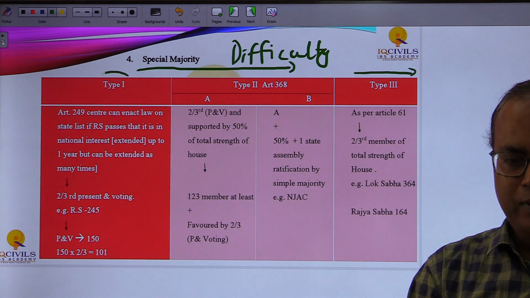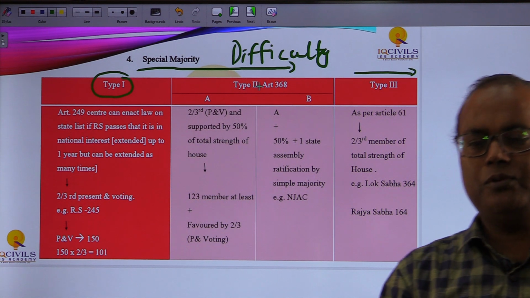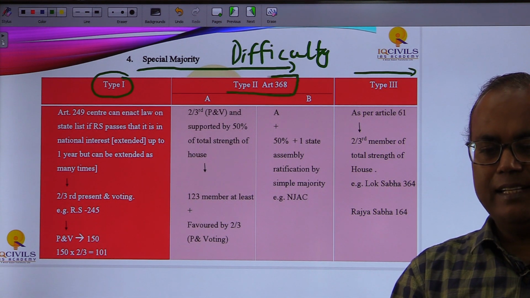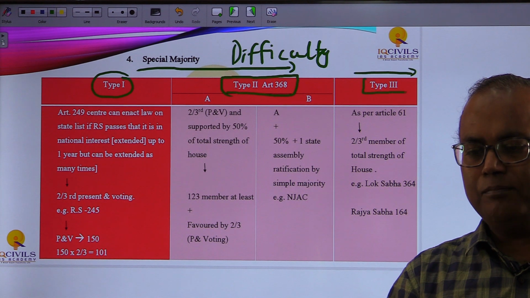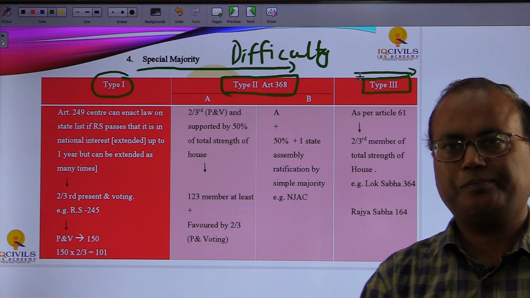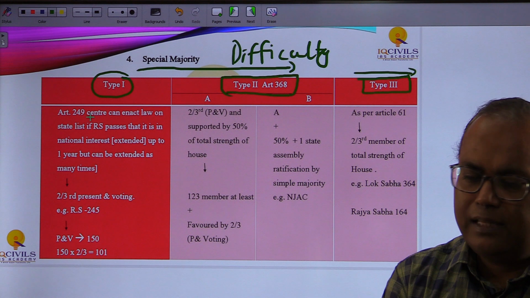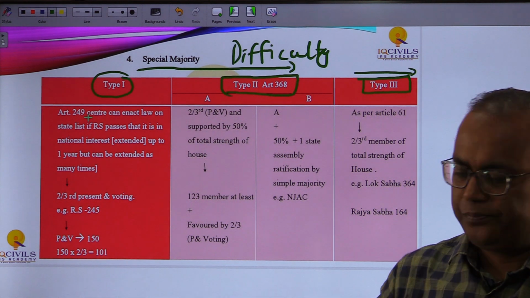Type 1 is simple to manage, type 2 a bit difficult to manage, and type 3 most difficult to manage. Now, let us take the example of type 1.